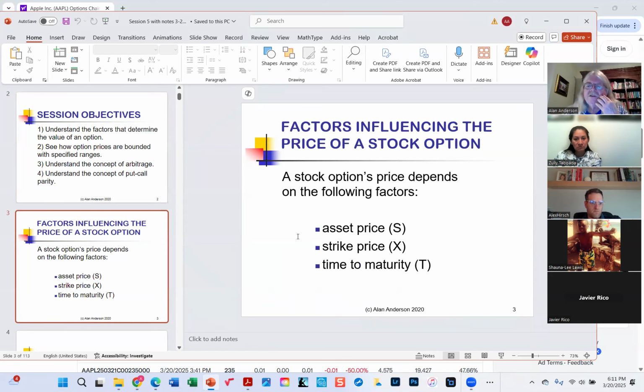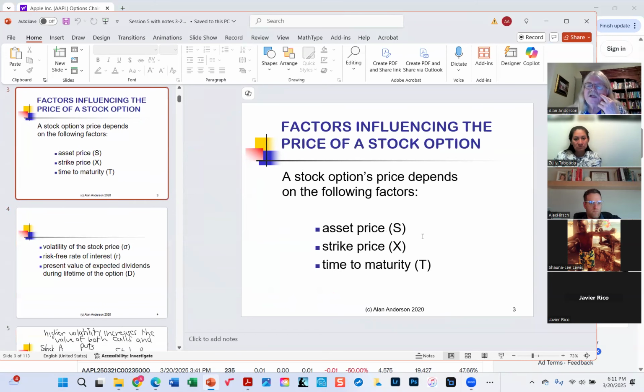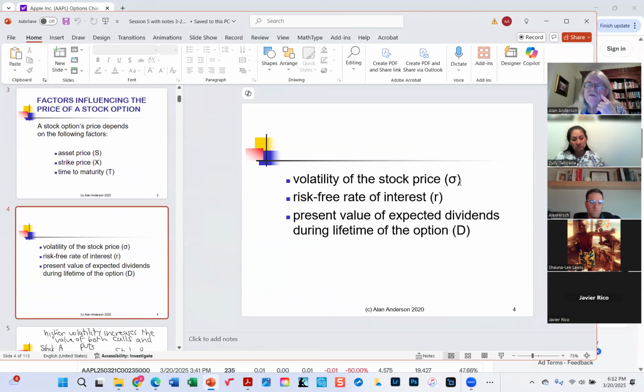All right, so we're going to assume that the price of a stock option, at least, depends on these factors. So we've got the price of the asset itself, which is the stock in this case, the strike price, the time to the maturity date, and the volatility. Now, this sigma is the Greek letter sigma.